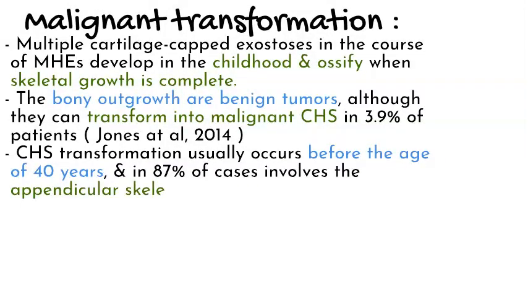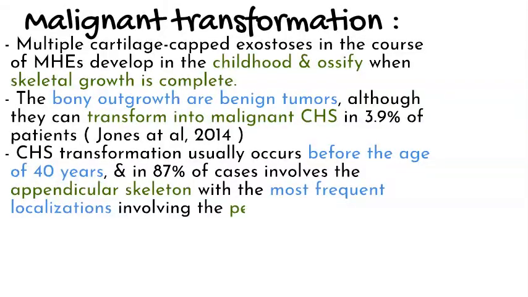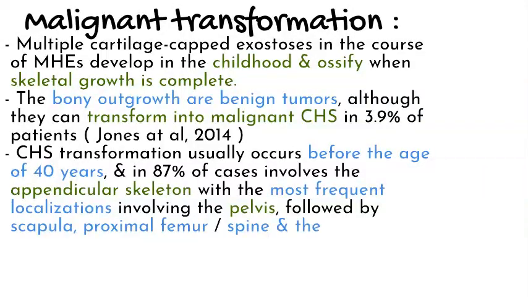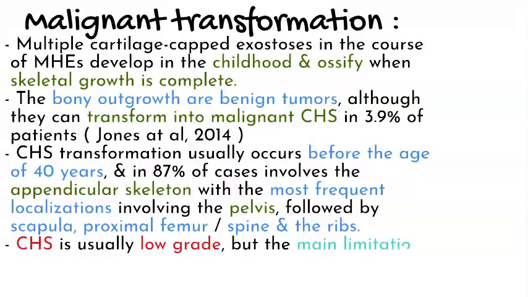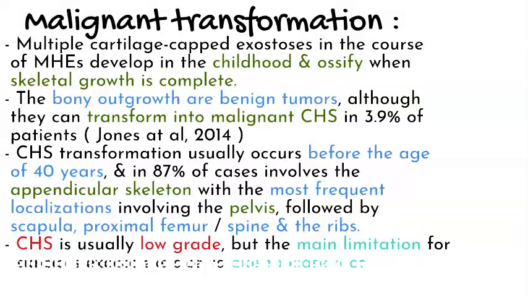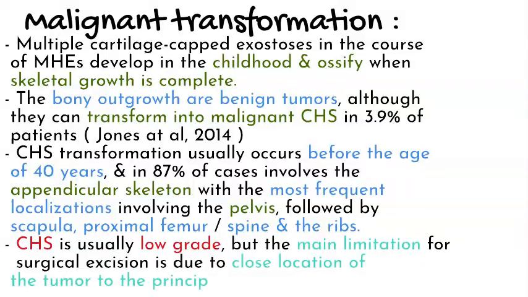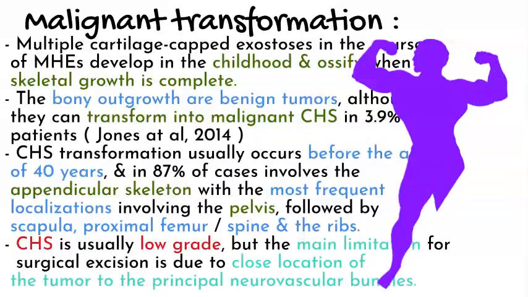Chondrosarcoma transformation usually occurs before the age of 40 years and in 87% of cases involves the appendicular skeleton, with the most frequent localization involving the pelvis, followed by scapula, proximal femur, spine and the rib. Chondrosarcoma is usually low grade, but the main limitation for surgical excision is the close location of the tumor to the principal neurovascular bundle.